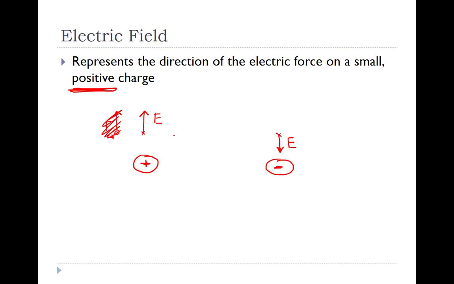It would go off at an angle. If I take a symmetric point over here, the force should point this way. So if I bring a positive charge in, the force is going to push it away, so it'll be outward everywhere. But if I were to bring a negative charge in, the force would be inward. So positive charges are going to move with the electric field. Negative charges are going to move against the electric field.